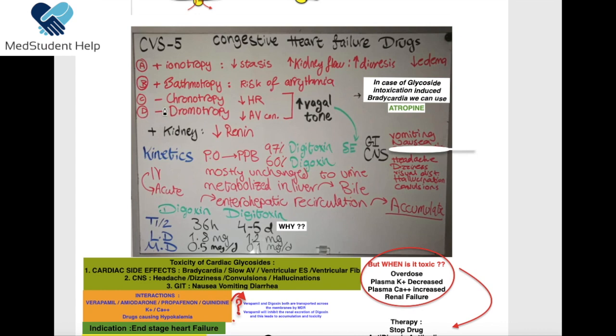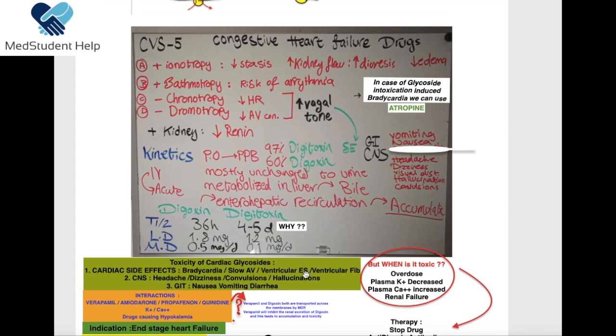And if they functioned more than needed, there is going to be a huge decrease in the heart rate, leading to bradycardia. They may lead to an excessive decrease of the conduction at the AV node. They can lead to slow AV conduction and maybe block as well. And they can lead to ventricular extrasystole, and that's the positive bathmotropy, the arrhythmia. Okay?